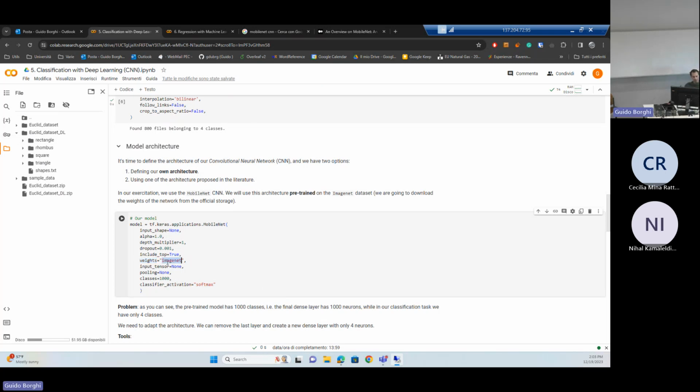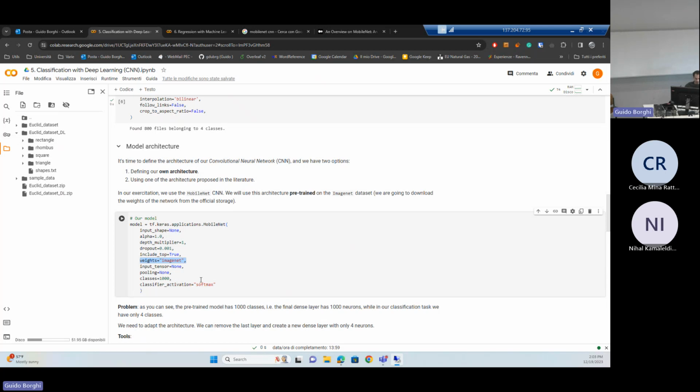You can see here that I specify that I want the weights of our network trained on the ImageNet dataset. Fine-tuning, since we are going to change the last fully connected layer, because we want to solve our classification problem, in which we have only 4 classes and not the 1,000 classes of the ImageNet dataset.